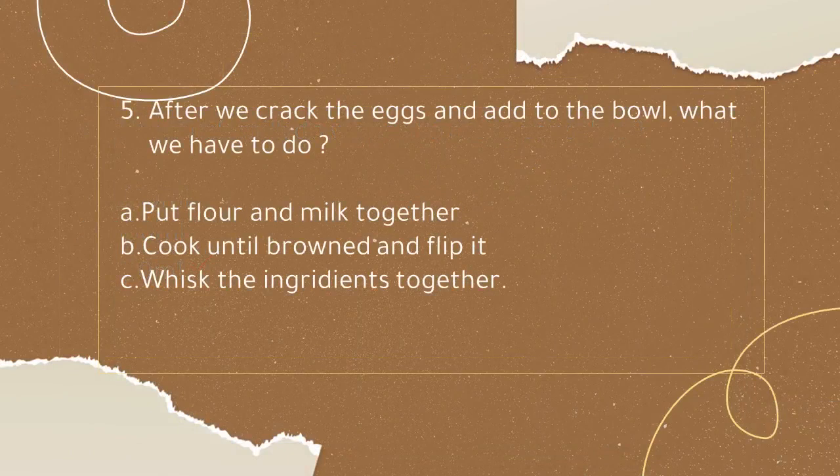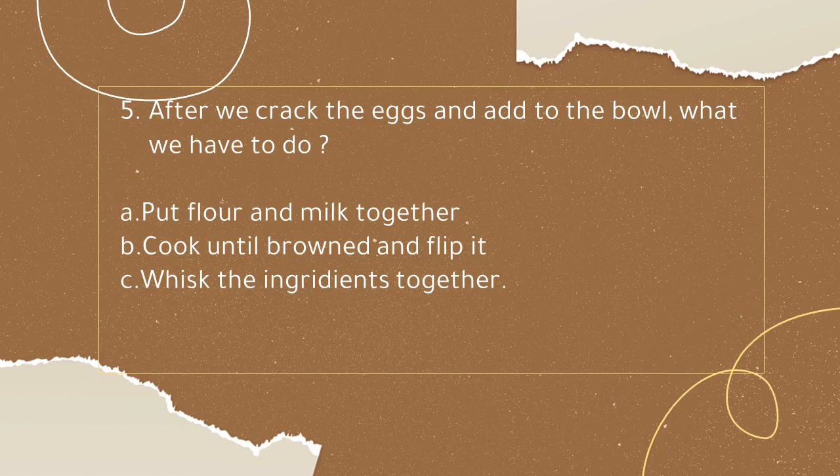Now, for the fifth question. After we crack the eggs and add them to the bowl, what do we have to do? A. Put flour and milk together. B. Cook until brown and flat. Or C. Mix the ingredients together.